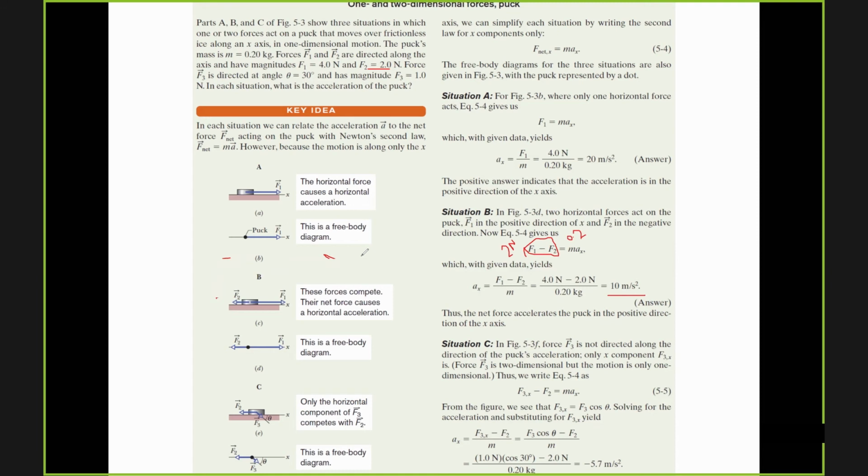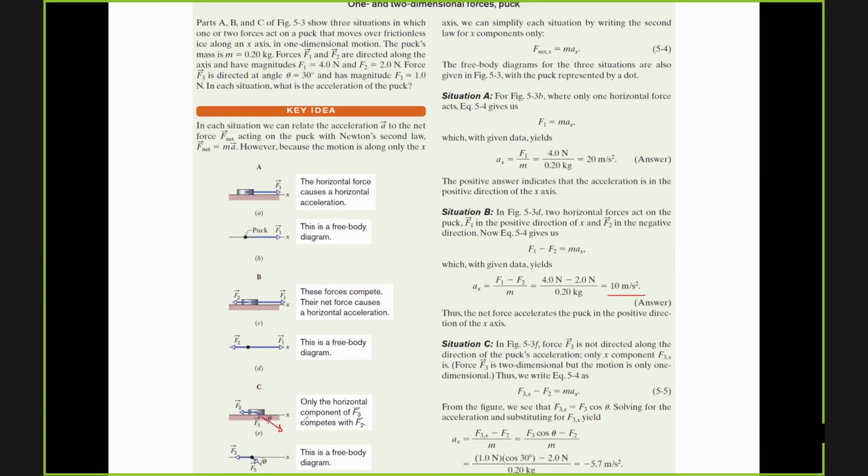Now we talk about the third force, which is part C. It says there is a force F3 directed at an angle of 30 degrees. Where is it? See, this is the force, making an angle theta with the horizontal. Let me clear it here. This force is making an angle of 30 degrees.